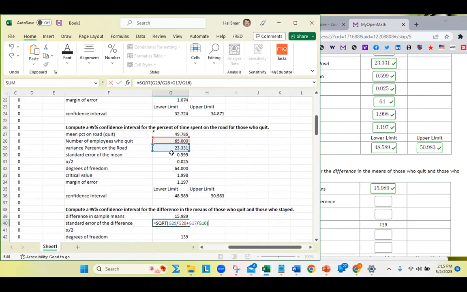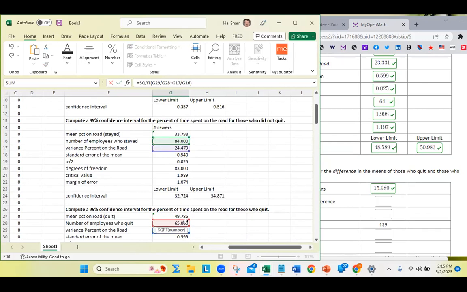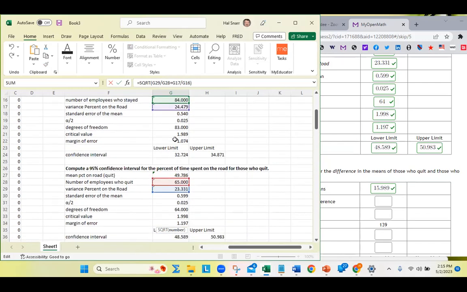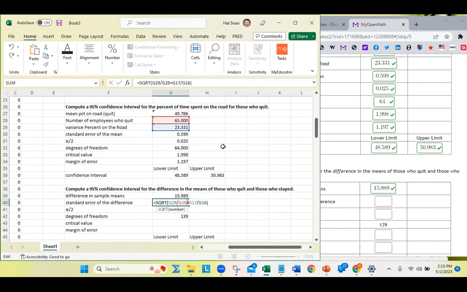I'm taking this ratio and adding it to that ratio. What do you get when you hit enter? 0.741.